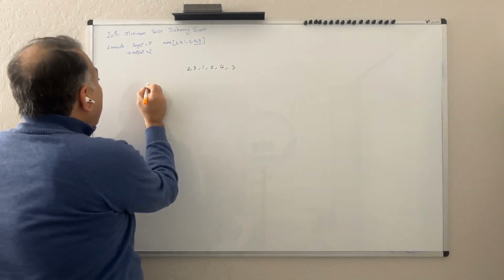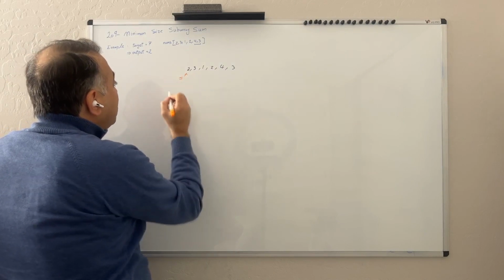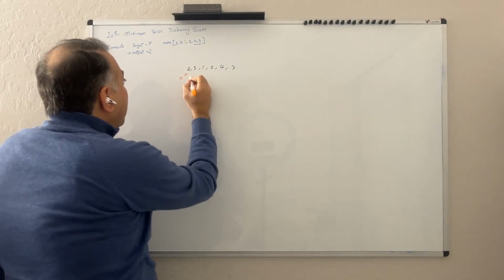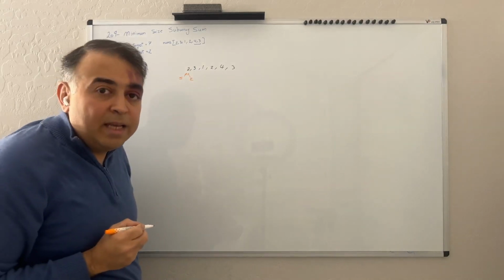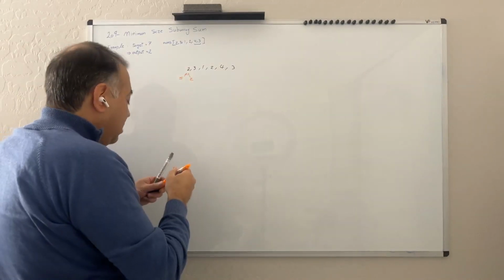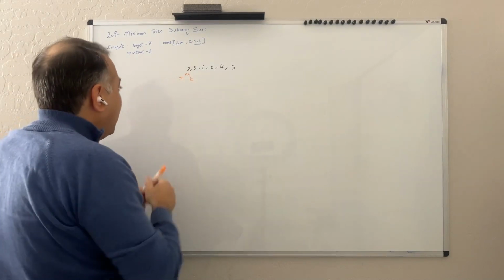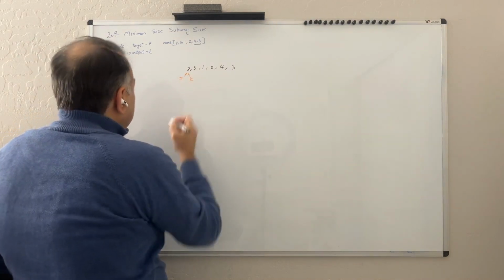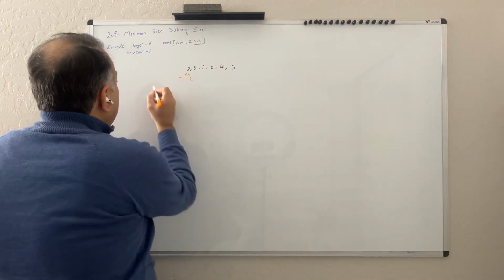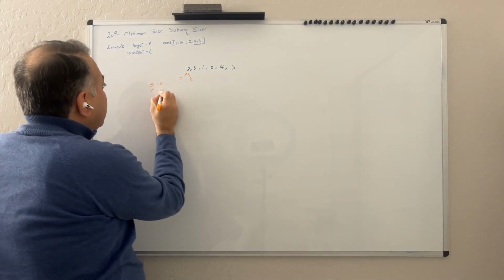Okay, think that I have 2 pointers. The first pointer that I named S points to the first item, and the one I named E points to the last item of the window. So think that the pointers are here, and I'm using S equals 0, E equals 0.